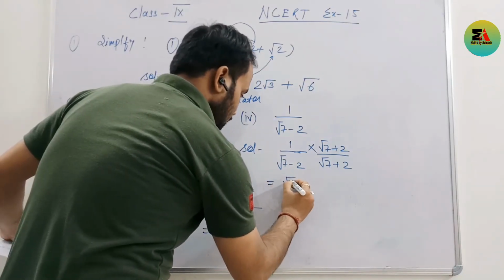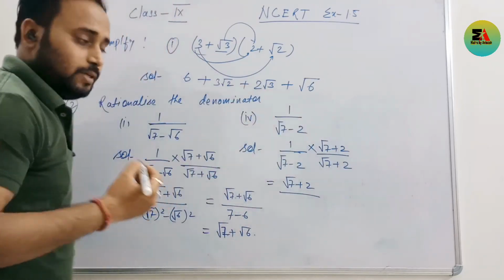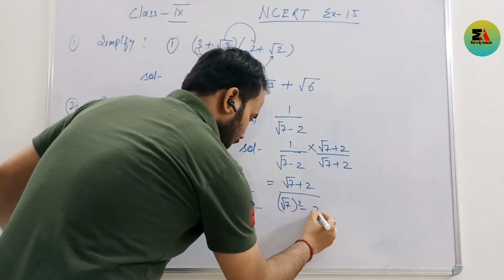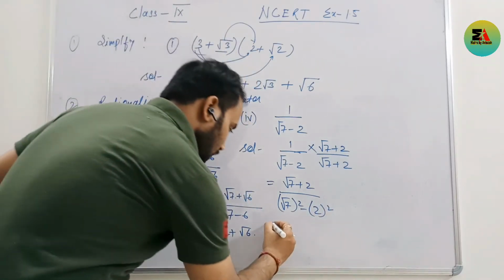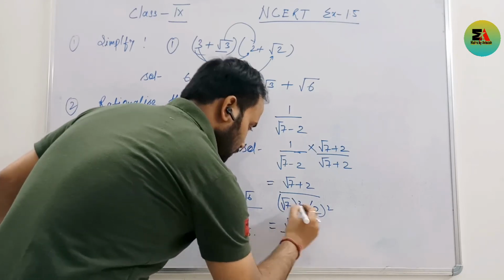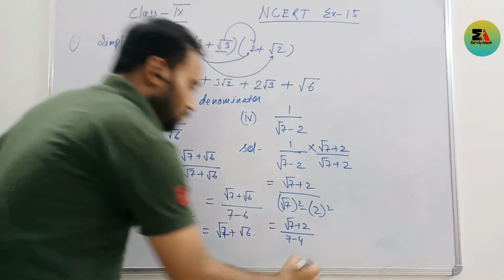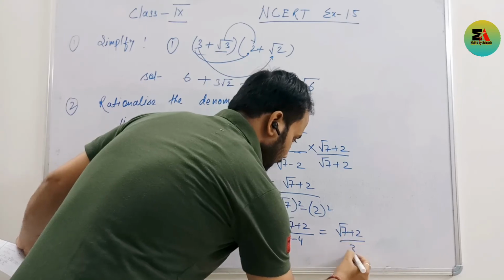Now the numerator becomes root 7 plus 2, and this is A plus B, A minus B. So what we write here: root 7 square minus root 2 square. Clear? Now the numerator becomes root 7 plus 2, and the denominator becomes 7 minus 4. Therefore our final answer will be root 7 plus 2 by 3.